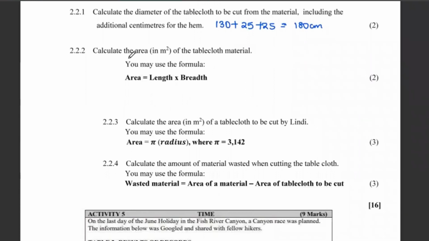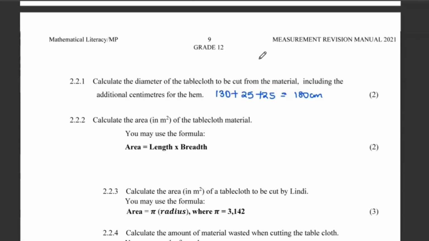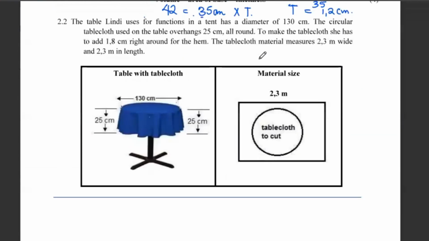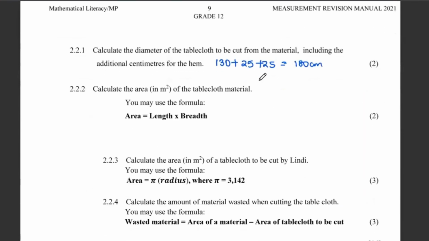Okay, here we go. Calculate the area in meters squared of the tablecloth material. Remember in the scenario, they have told us that the tablecloth material measures 2,3 meters wide and 2,3 meters in length. In other words, it's a square.